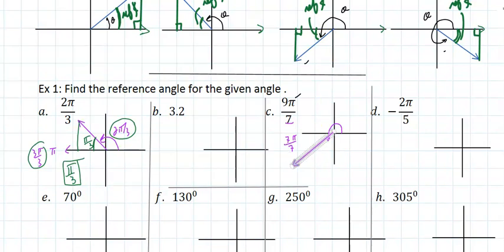We can say this is 9 pi over 7. So what are you looking for? You're looking for this angle, always the x-axis. If this is 9 pi over 7 and this is 7 pi over 7, can you tell me what that is?